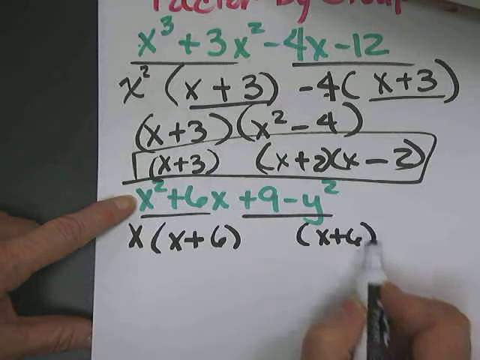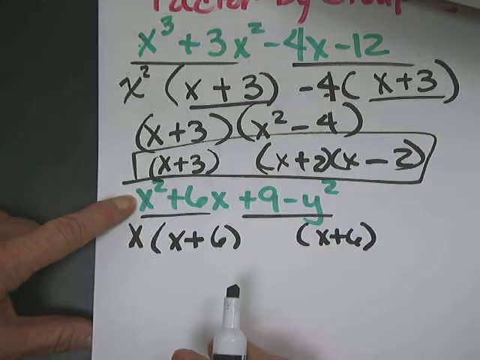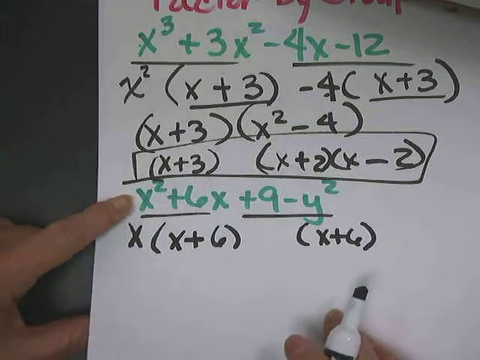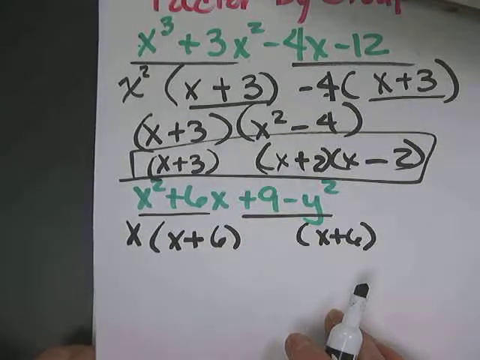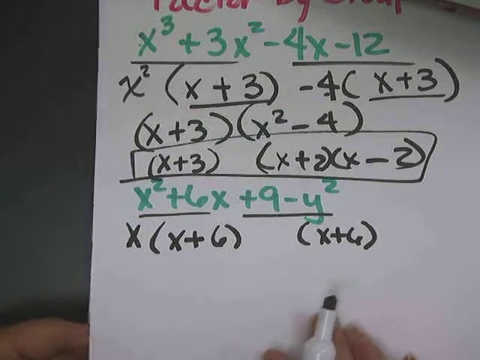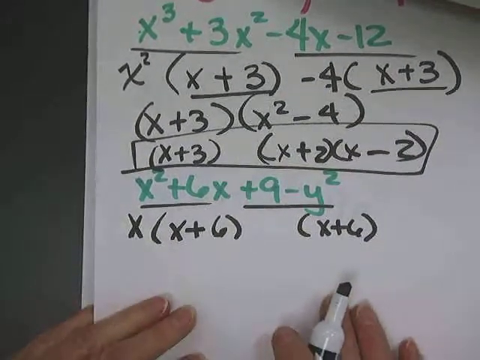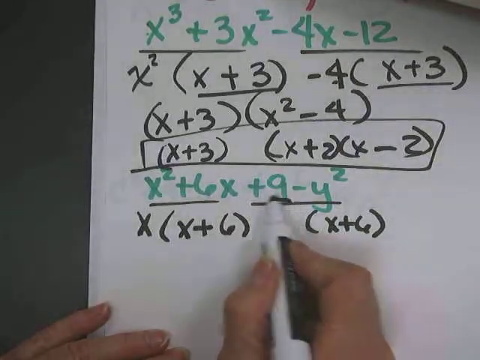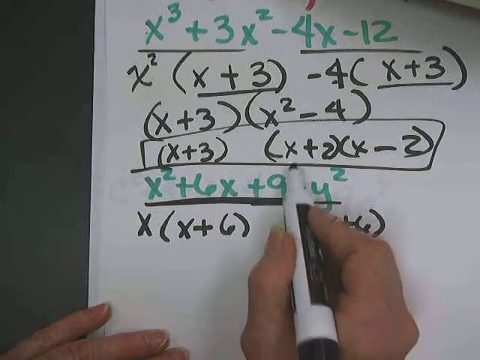Don't see anything in common going down, that's okay. Let's group it. What do these two have in common? X. So the first term, x, plus 6. That's not gonna work.